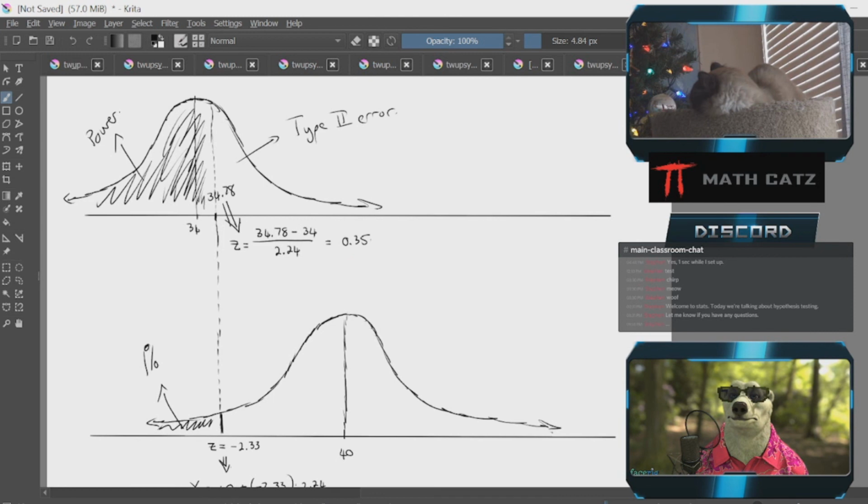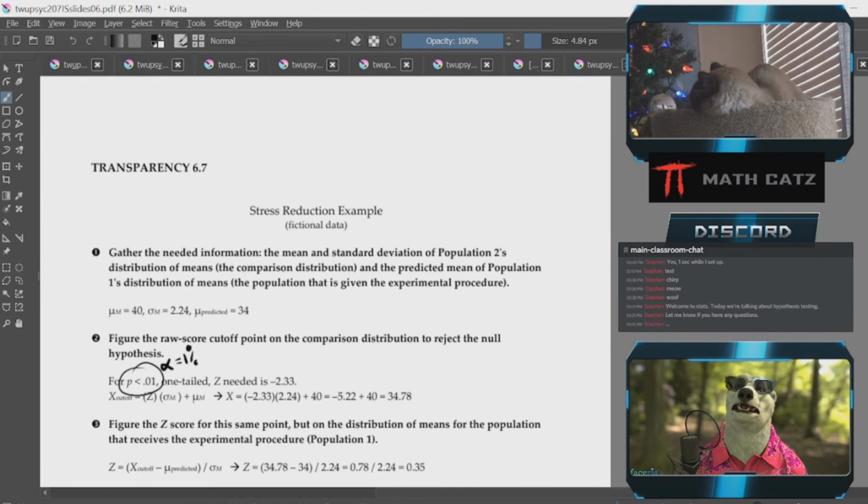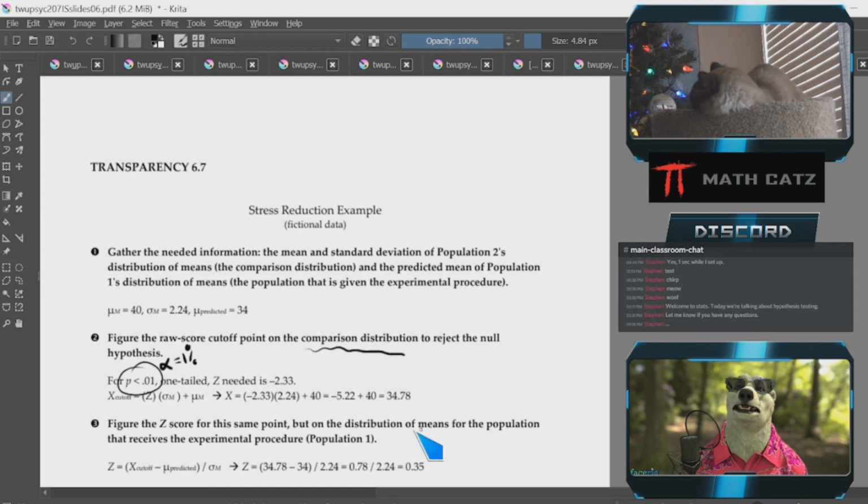So where we are in our steps is we got the raw score from our comparison distribution. We then go to the distribution of means for the shifted situation, the change situation, because we assume that what if the research hypothesis is true and the population mean is actually different, centered at 34 in this case.